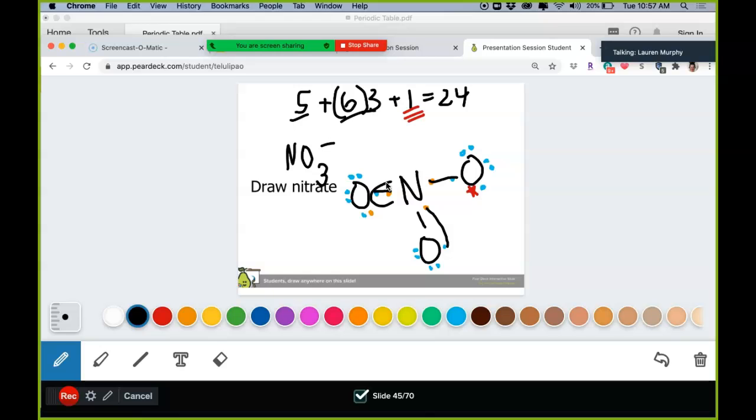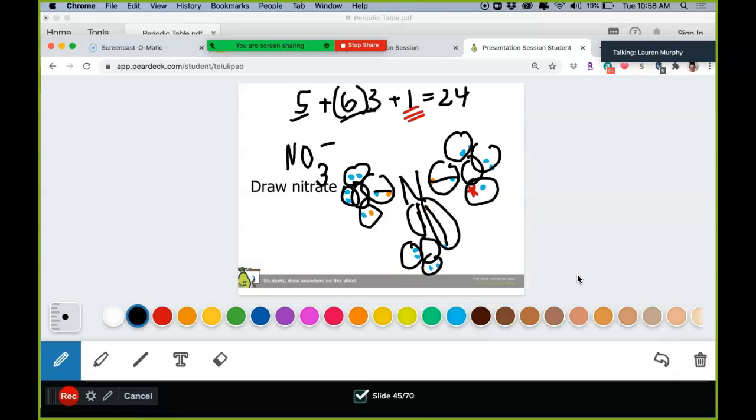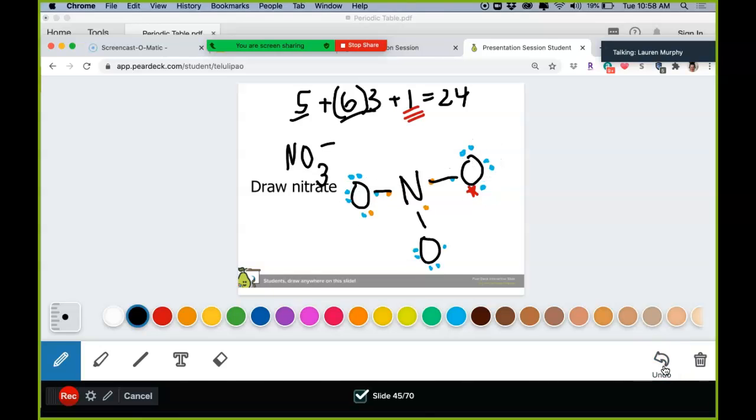So 2, 4, 6, 8 electrons around nitrogen. That's good. Let's look at all the oxygens and make sure they have 8. 2, 4, 6, 8. 2, 4, 6, 8. 2, 4, 6, 8. Beautiful. Everything has 8. Questions?